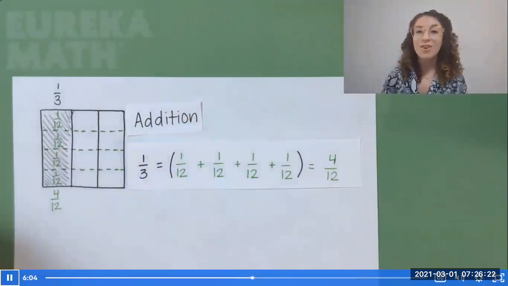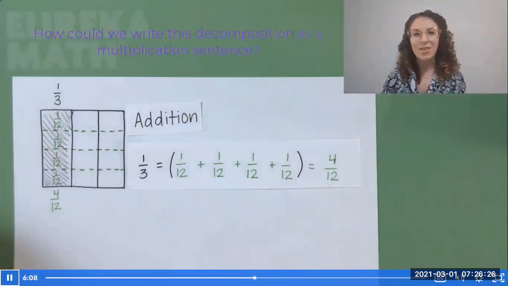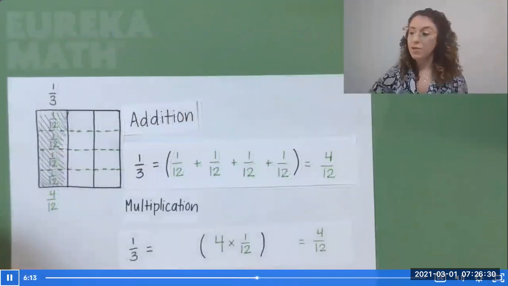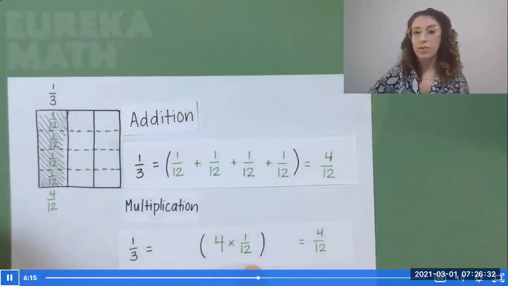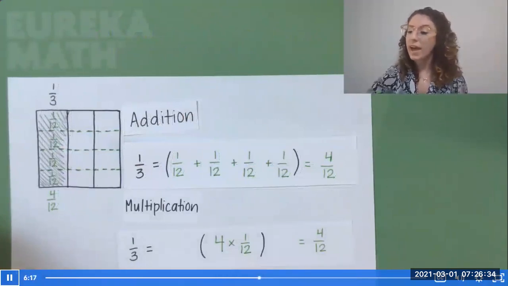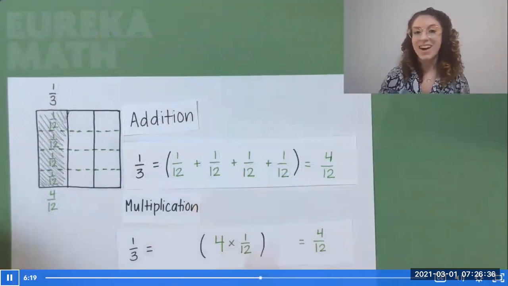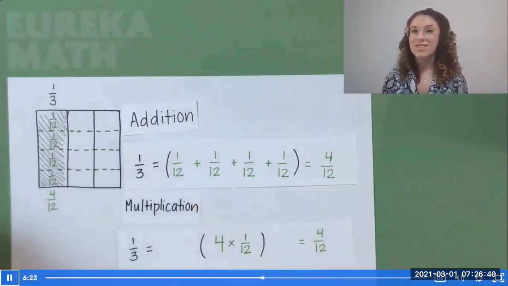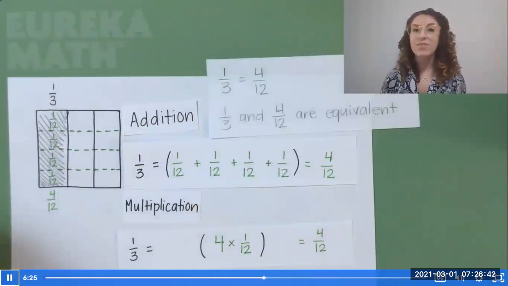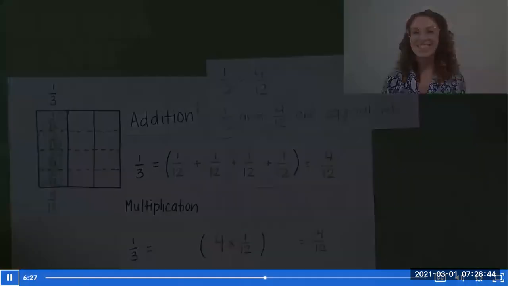This time, let's also try writing it as a multiplication sentence. What would that look like? Multiplying 4 times 1/12 is another way to represent adding 1/12 4 times. So, from this model and these equations, we can say that 1/3 and 4 twelfths are equivalent.